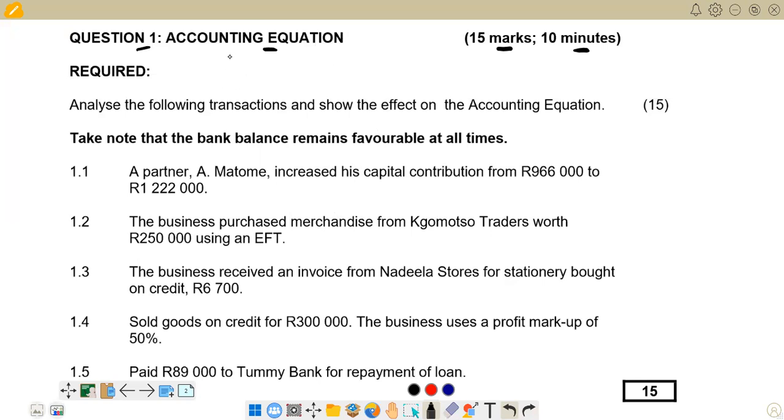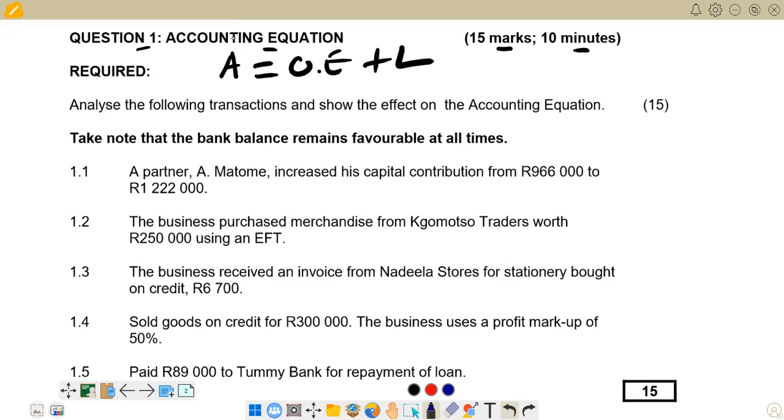Remember, the accounting equation is assets equals owners' equity plus liabilities. These are the 3 elements we have on the accounting equation. So when we have a transaction, it should not affect the equality of the totals of the 2 sides.